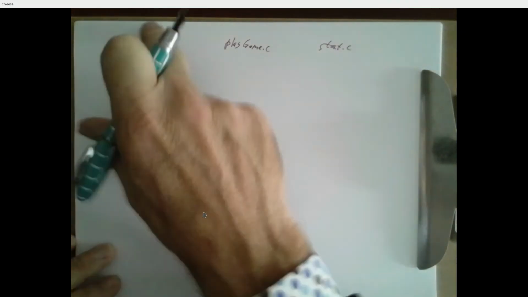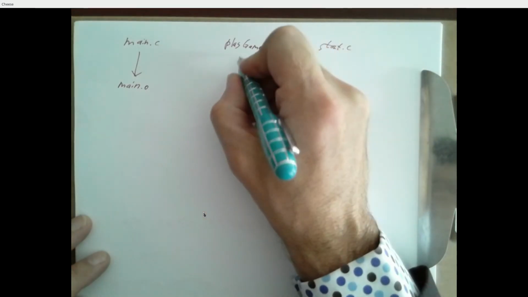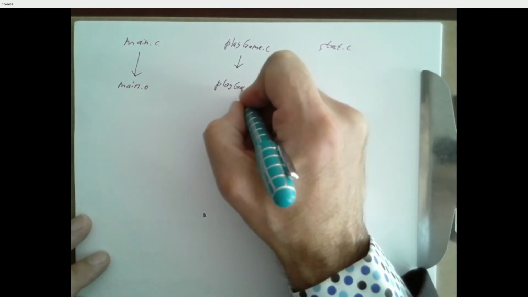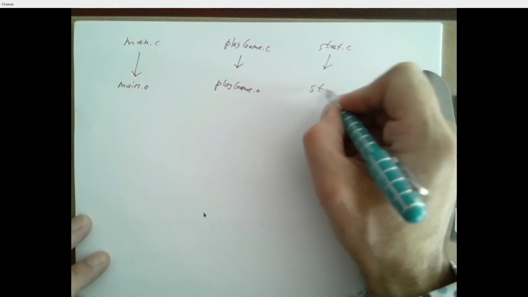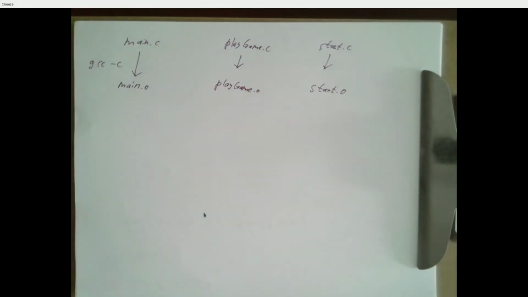So we've got main.c, that gets compiled into main.o. We've got playgame.c, which we can compile into playgame.o. We've got start.c, which we could compile into start.o. And all of these are done with gcc -c.